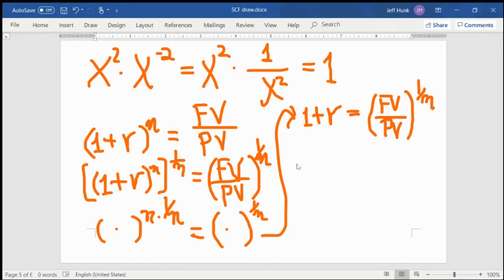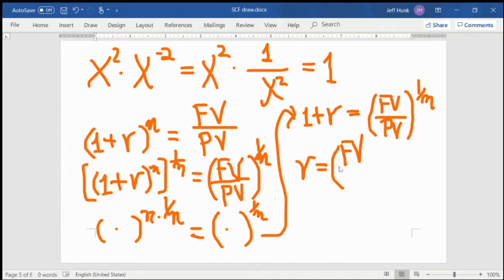Now, solving for r means just isolating r on the left-hand side. What do you need to do? You'll subtract 1 from both sides, or transpose, move 1 to the other side. Then what does it become?